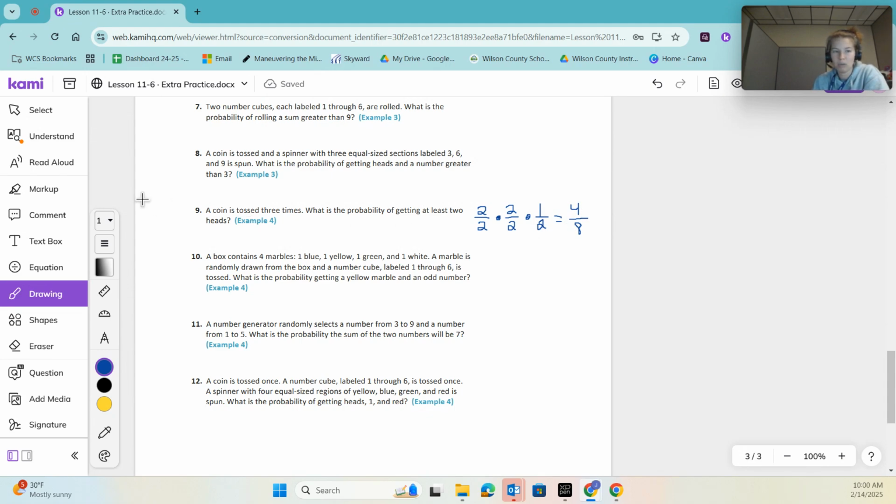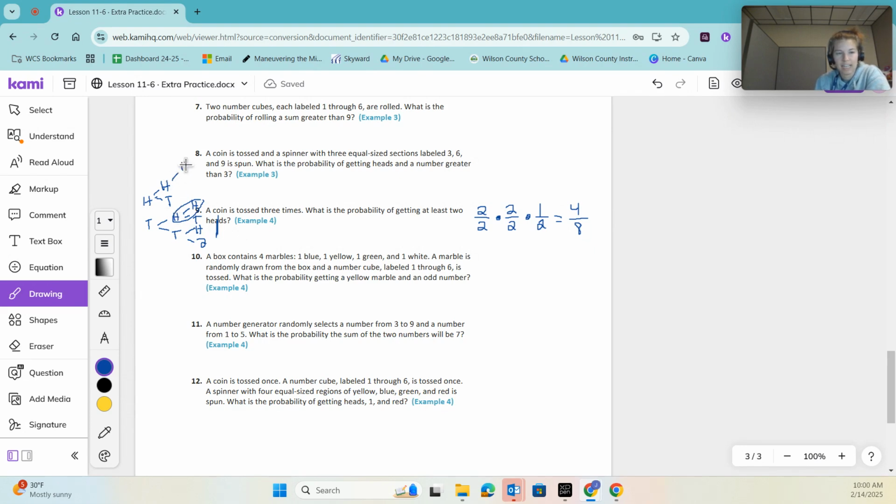And now let's double check this. If I have heads and tails, I can have heads or tails, then heads or tails, then again, heads or tails. Okay, if I roll tails, tails, there's nothing here that will give me 2 heads, right? Here I have one possibility if I roll a tails first.